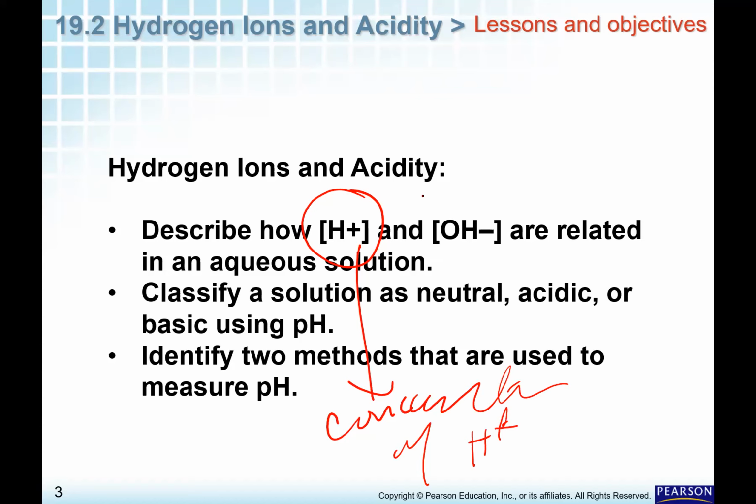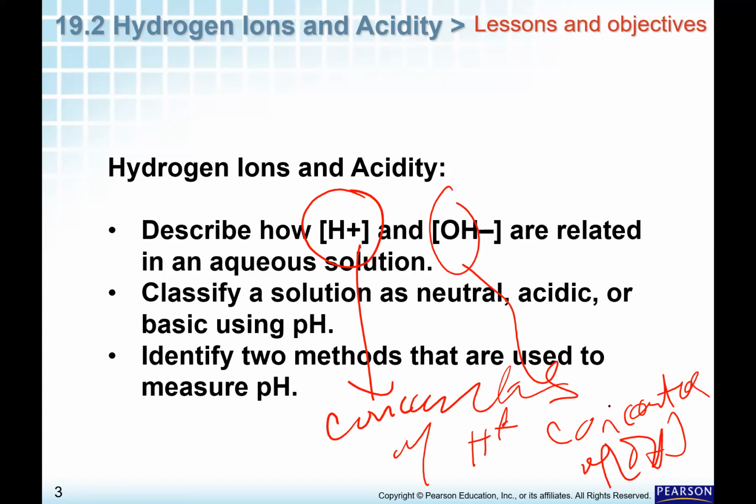And the same thing applies to this one, which is the concentration of OH minus. So what is the relationship between the two concentrations, whether they are directly or inversely proportional, and how can we determine them? All that will be discussed today.